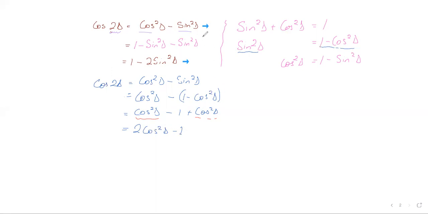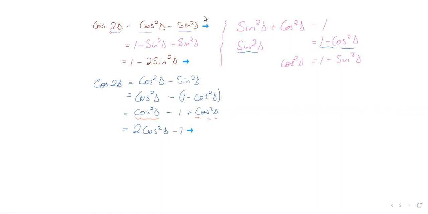I hope you appreciate that cos squared d comes up in 3 different ways. In terms of two ratios, it's cos squared d minus sine squared d. In terms of sine only, a single trig ratio, it's 1 minus 2 sine squared d. In terms of a cos, it's 2 cos squared minus 1.